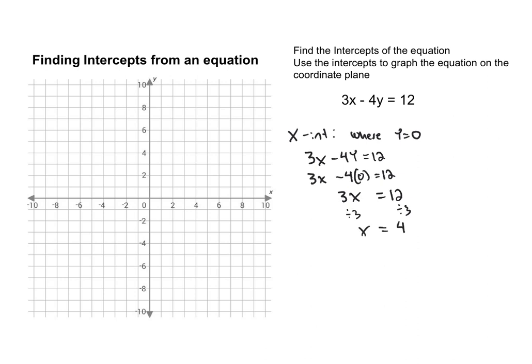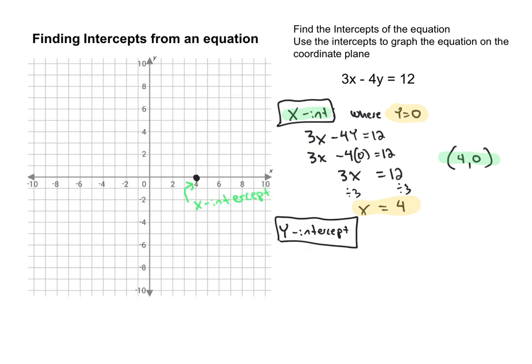And so since we have y equals 0 and x equals 4, that gives us the coordinate point 4, comma 0. So our x-intercept is at the point 4, comma 0, and then we can graph it. So here's where x is 4 and y is 0, and there is our x-intercept.